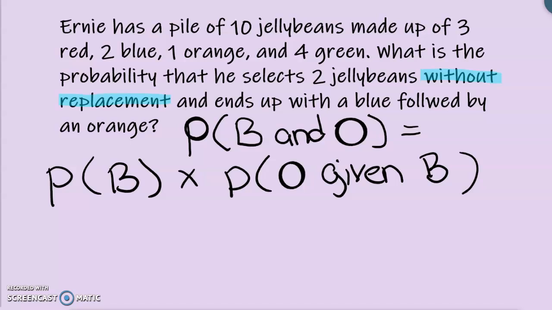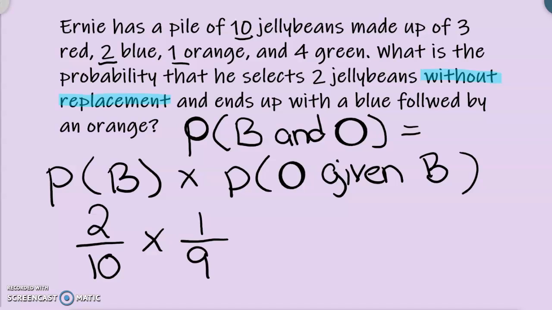So let's see what that is. For the blues, there are 2 blues, and there are 10 jelly beans. So he has a 2 out of 10 chance of getting a blue jelly bean the first time he reaches in there. But now he's got the blue one and he's not putting it back in. So now we're looking for the probability of getting an orange jelly bean. There's 1 orange jelly bean still left, but there's only 9 jelly beans in the bag because we already got that blue one.